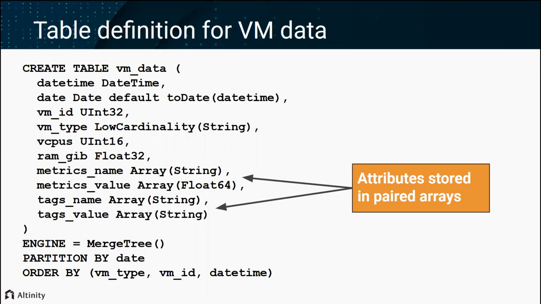And then for the tags, we do the same thing. The only difference is that in Amazon, the tag value is typically a string. Other than that, we're using standard syntax for ClickHouse. So we use the MergeTree engine, partition by date, and order by. These are all standard for setting up tables if you're familiar with ClickHouse. Let's have a look at how this actually works though.